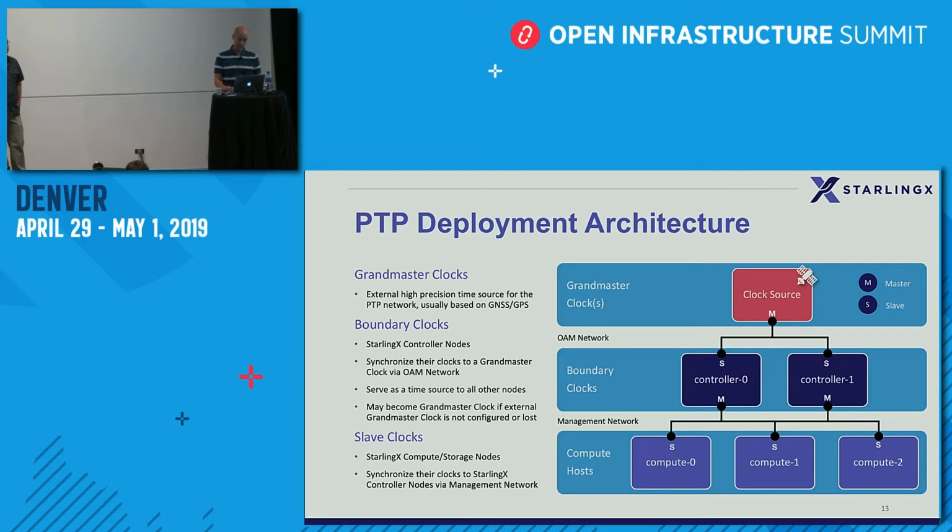After that, you can propagate this accurate timestamping to our StarlingX controller nodes, where all the components are managed. And one of the controller nodes will get the timestamps and propagate them from the OAM network, where your grandmaster clock resides, to the management network, where all the compute nodes are present in the StarlingX deployment.